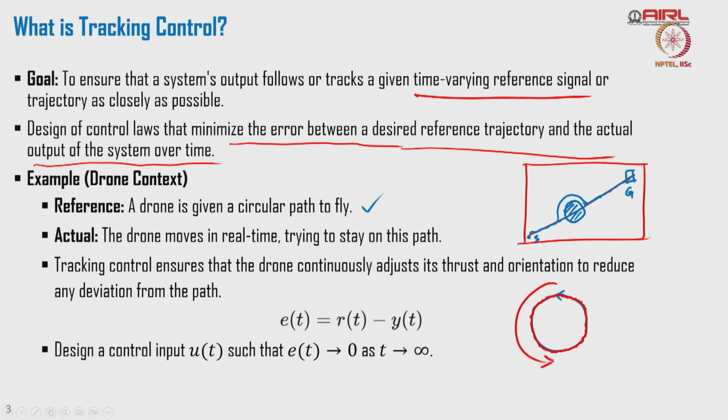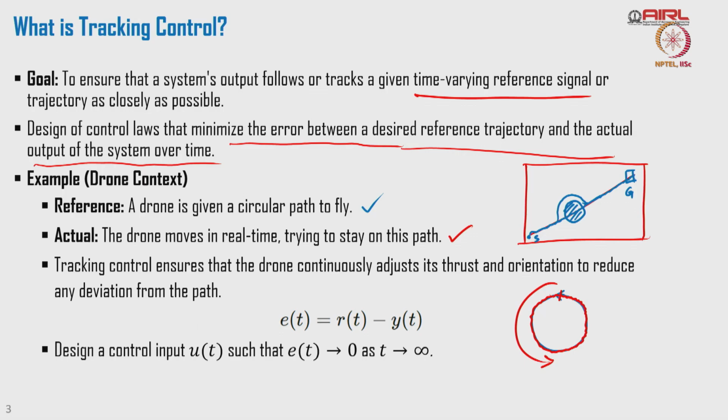So, the actual trajectory is how the drone moves in real time. In this plot, the blue one which I have drawn before was the reference trajectory given to the drone to follow, and the actual trajectory of the drone should be as close as possible to the reference trajectory. Now, what is the error?